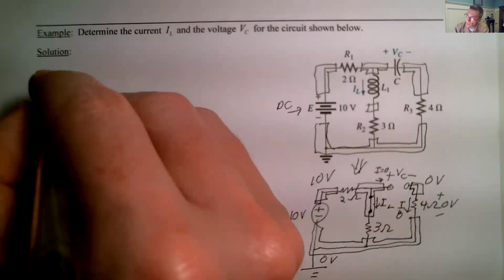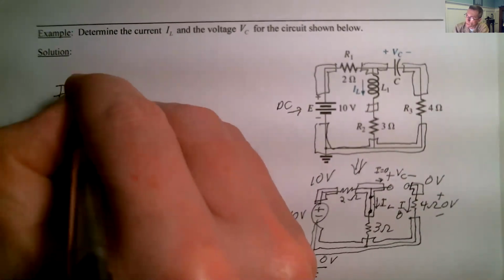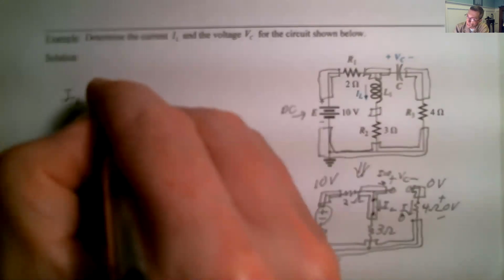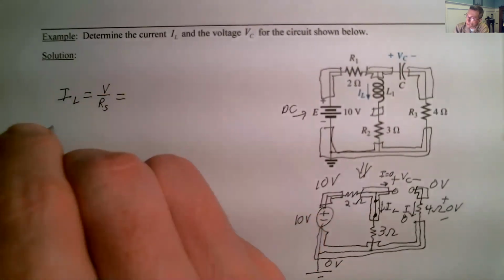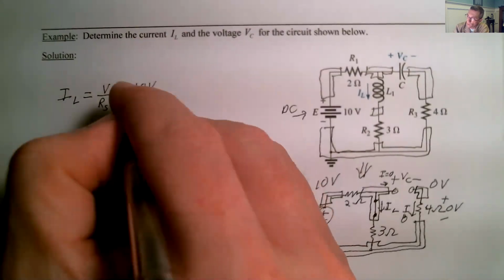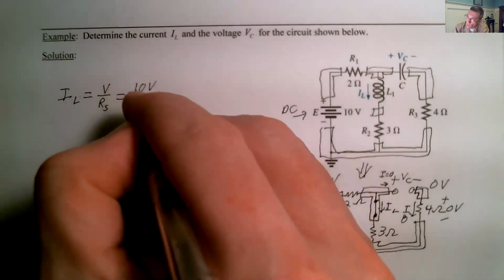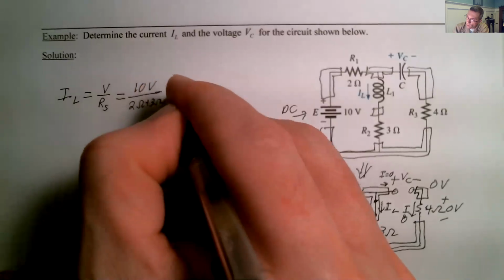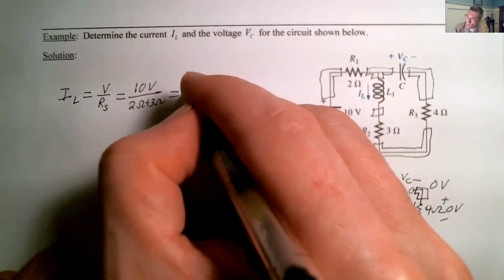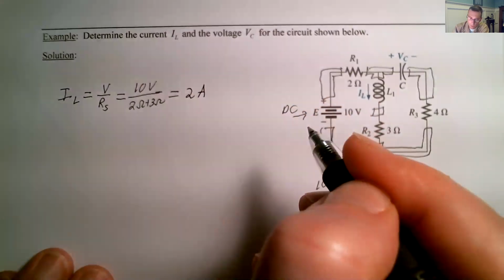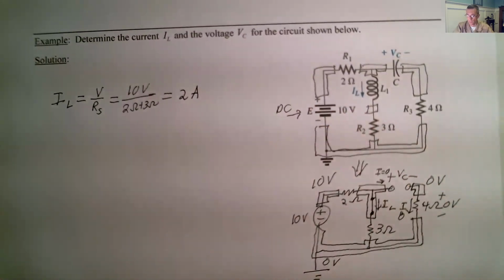For our current in the inductor, we've got our voltage divided by R series. The voltage is 10 volts, and R series is 2 ohms plus 3 ohms. So 10 volts divided by 2 ohms plus 3 ohms gives us 2 amps.